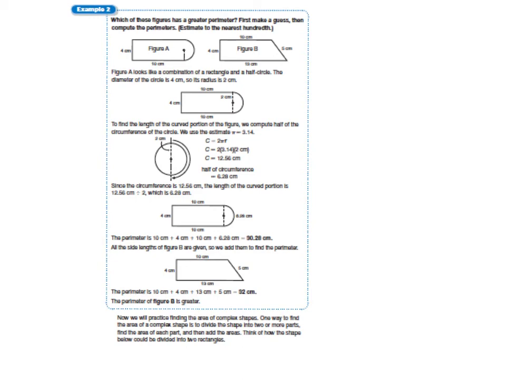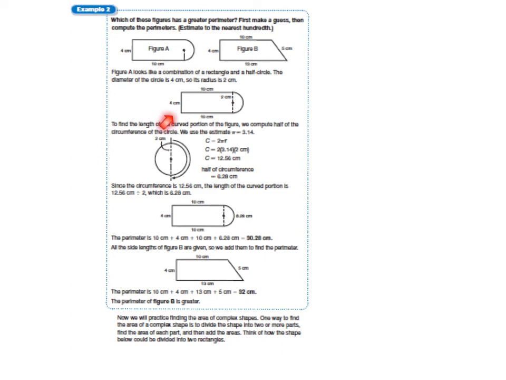We're going to look at this 4 and know that if there's a 4 here, there's also a 4 over here, and the 4 forms the side of a rectangle, and it also forms the diameter of the semicircle that's attached to the side of the rectangle.